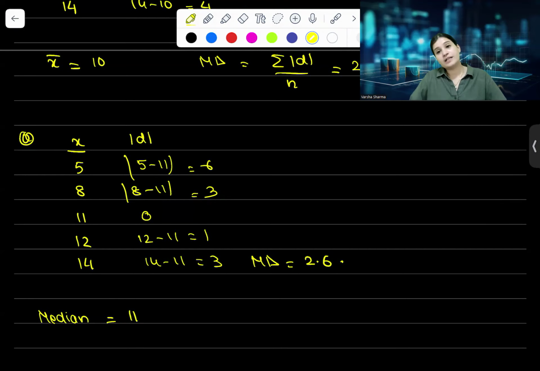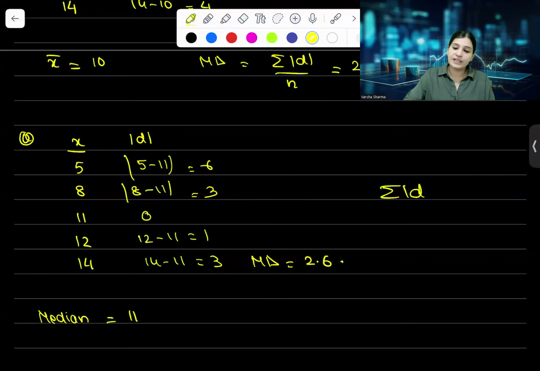Yes, ma'am. Now, for the sum of absolute deviation, there was a property. The sum of deviation calculated from mean was 0 when we consider both the plus and minus sign. But for the sum of absolute deviation, whether I calculate from mean, median, or mode, I will always get the smallest value when I calculate from median.